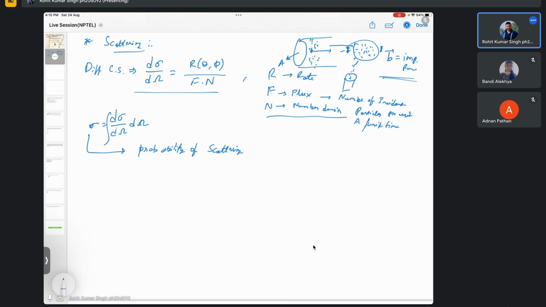And you have the formula for the differential cross section for Rutherford, given by this big formula.